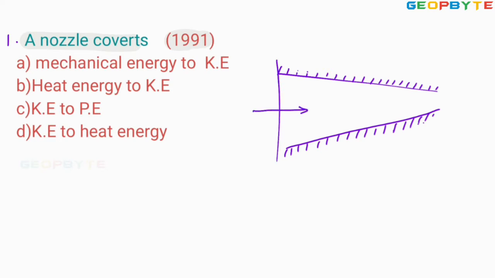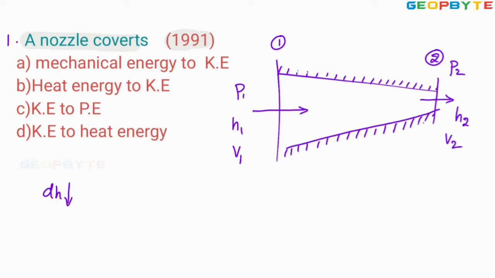The steam is entering the nozzle with a pressure P1, enthalpy H1. While the steam is passing through the nozzle, the pressure of the steam is dropping from P1 to P2. While the pressure is dropping from P1 to P2, enthalpy is also dropping from H1 to H2. That drop of enthalpy is causing an increase in velocity from V1 to V2.